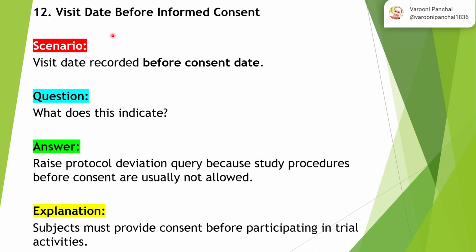Number 12. Visit date before informed consent. Visit date recorded before consent date. Question. What does this indicate? You can raise a protocol deviation query because study procedures before consent are usually not allowed. Subjects must provide consent before participating in trial activities.